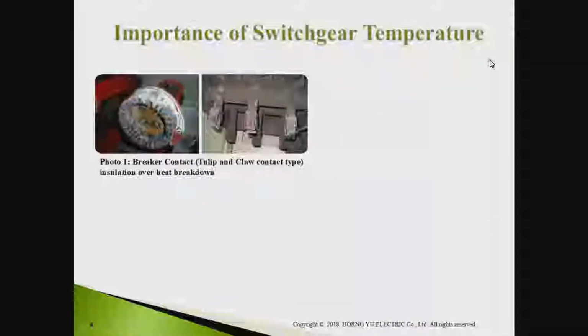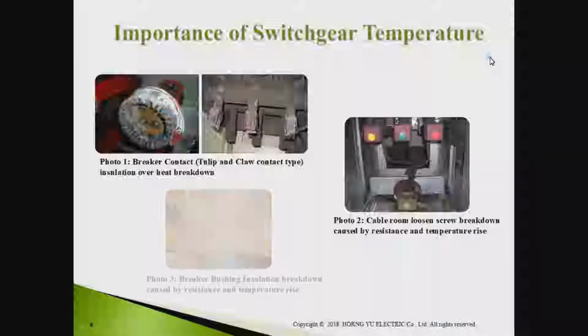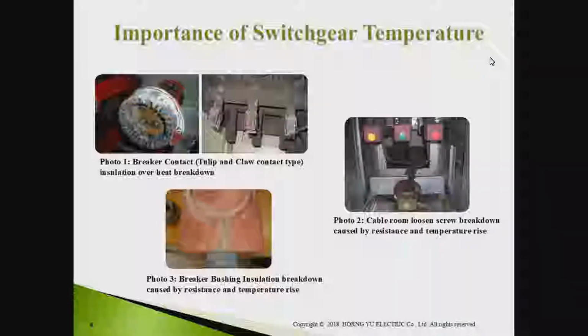Through these two accidents you can easily understand the importance of switchgear temperature, which makes you understand why these kinds of things happen and why we have to do online monitoring. The first one is the breaker contact. Here you can see the tulip and the cloud contact type.